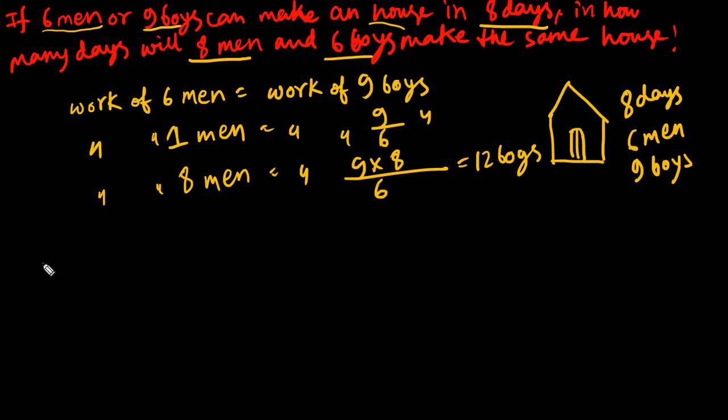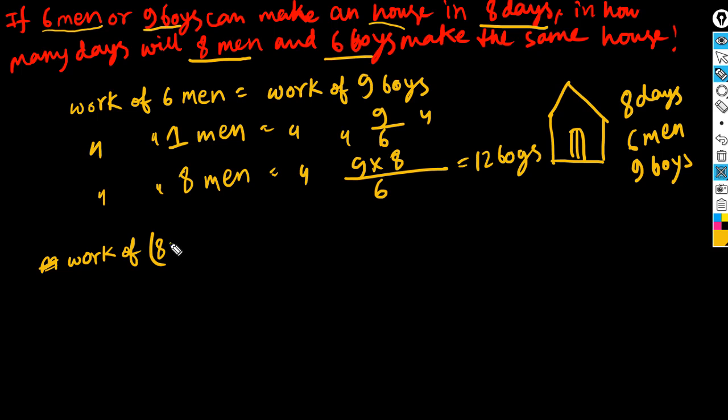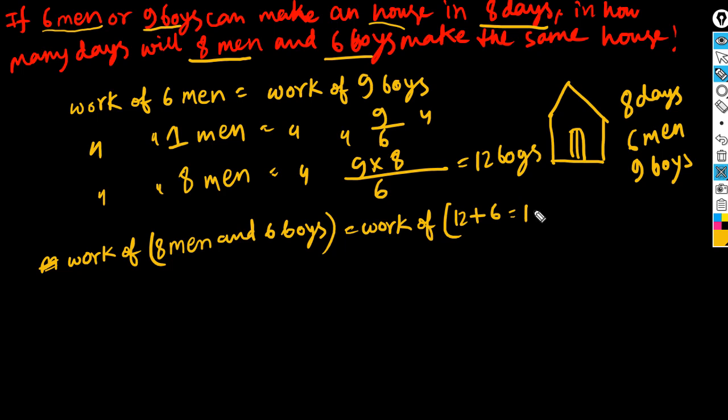So 8 men is the work of 12 boys. The work of 8 men and 6 boys is the work of 12 plus 6, which is equal to 18 boys.